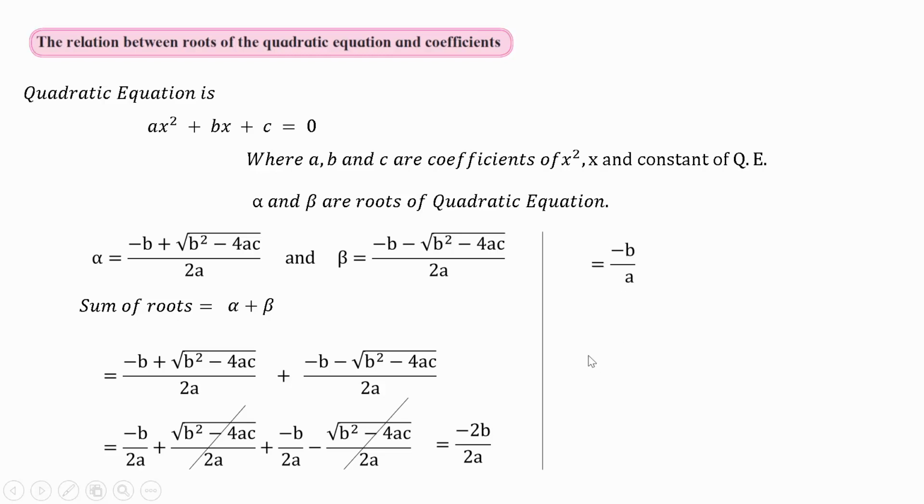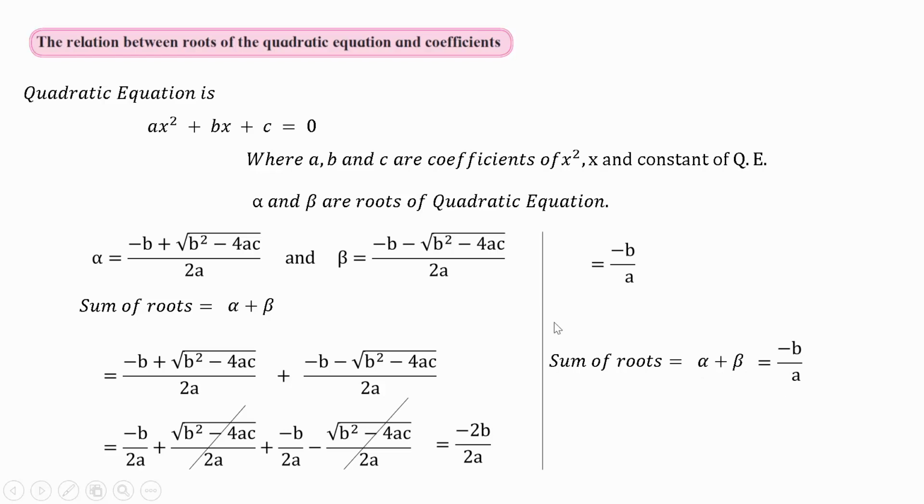Therefore we write that alpha plus beta, the sum of the roots of the quadratic equation, is equal to minus b by a. This is the relation between the roots of the quadratic equation and the coefficients.